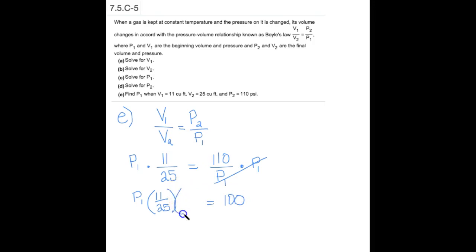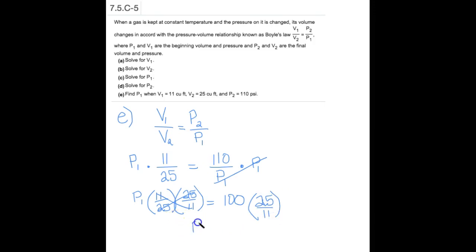So if I want to cancel a fraction out, I can multiply by the reciprocal. This would be an alternate way. I showed you in part B how to solve for V sub 2. You could have also done something similar to this with all of your variables. The 25s will cancel, the 11s will cancel. Just be sure to multiply 25 over 11 on your right-hand side as well.